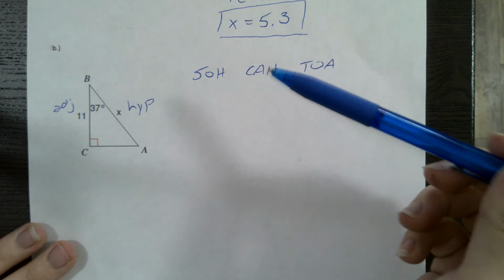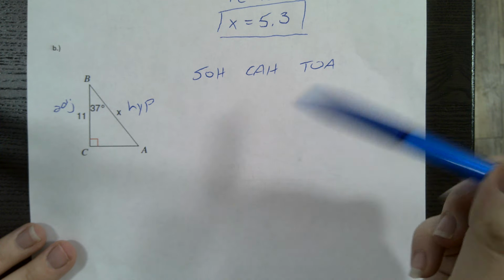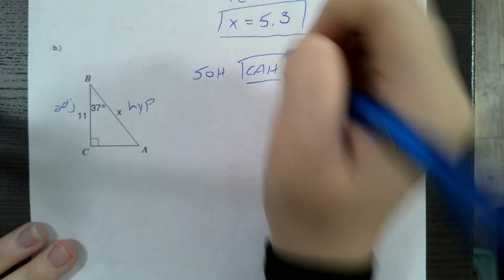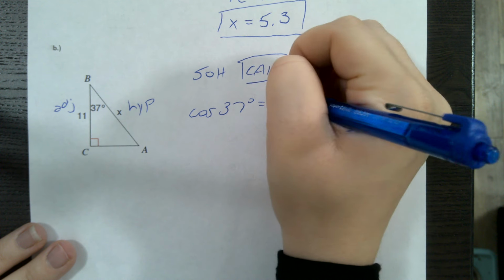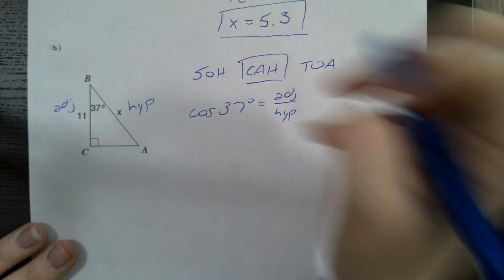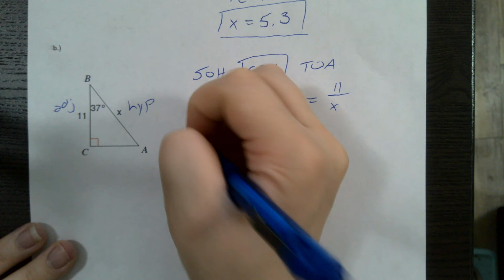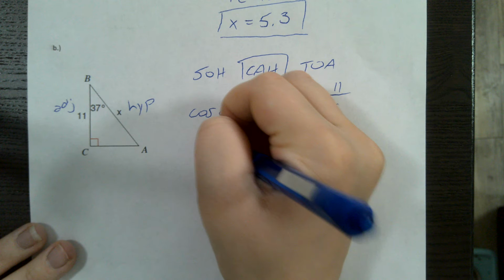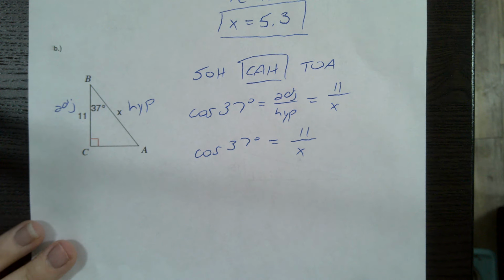So let's look and see which one of our ratios uses the adjacent and the hypotenuse. So that's going to be cosine. So my cosine of 37 degrees is going to be adjacent over hypotenuse. So in this case, that's going to be 11 over x. So cosine of 37 degrees equals 11 over x.